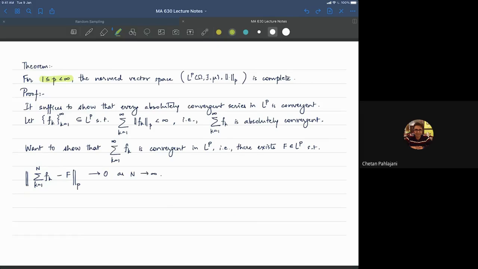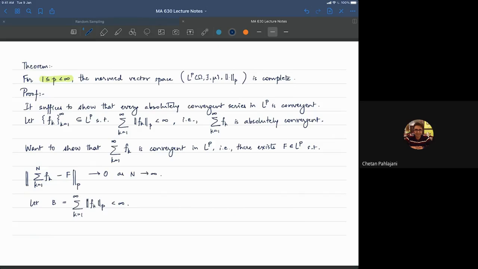All right, so here's what we'll do. Let B equal the sum over k from 1 to infinity of the p-norm of f_k. Now remember, this is finite. B is the sum of the norms, and we already know it is finite because the series is absolutely convergent.